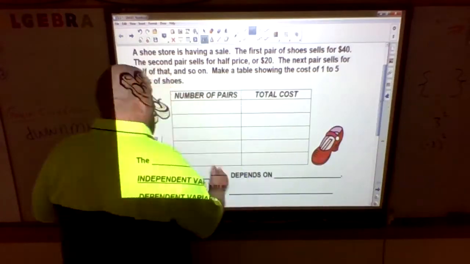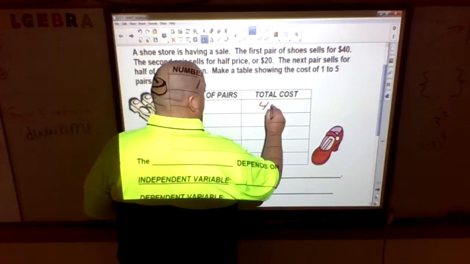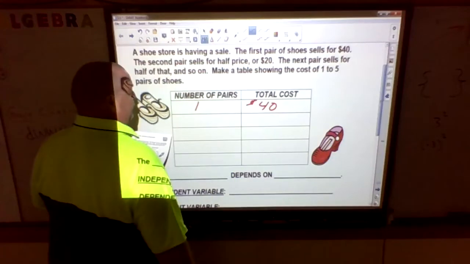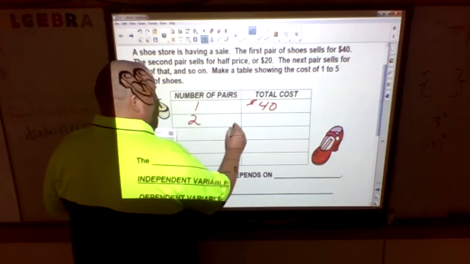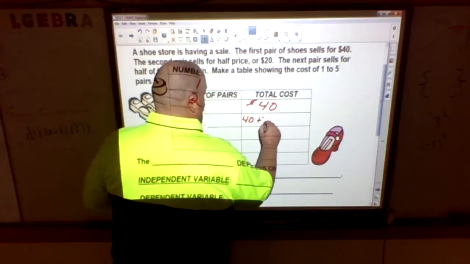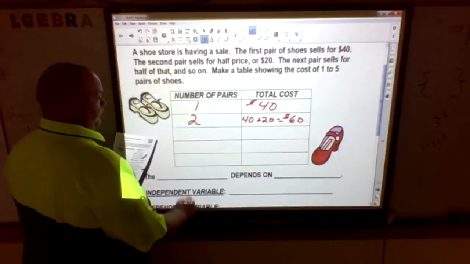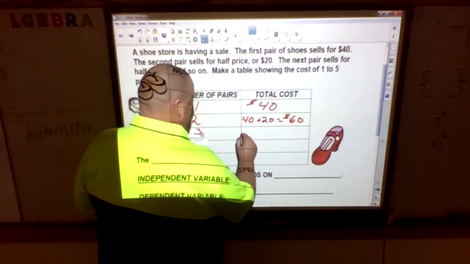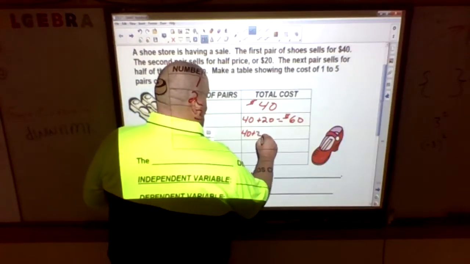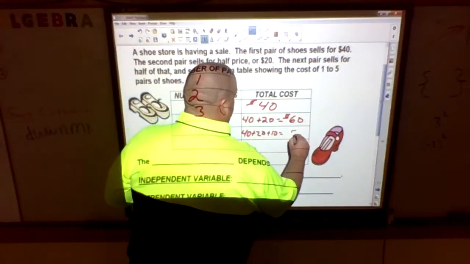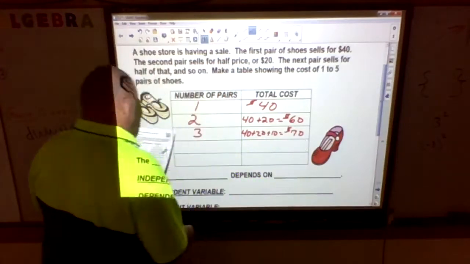So if we just bought 1 pair, that's going to be $40. If we bought 2 pairs, that's the 40 plus the 20, which is $60. If we bought 3 pairs, that's the 40 plus 20 plus 10, which is $70.